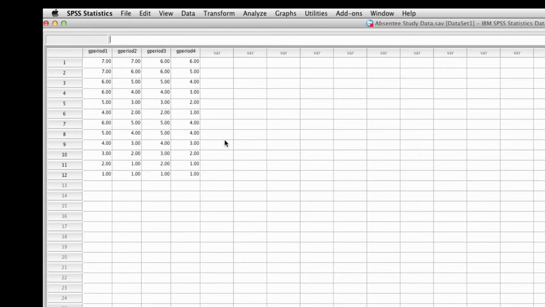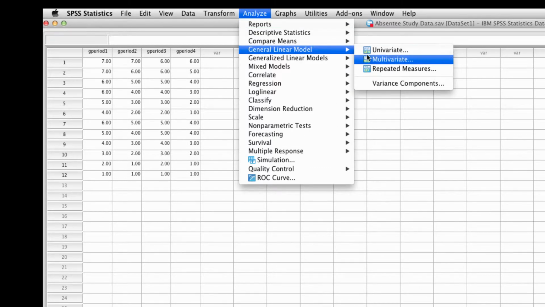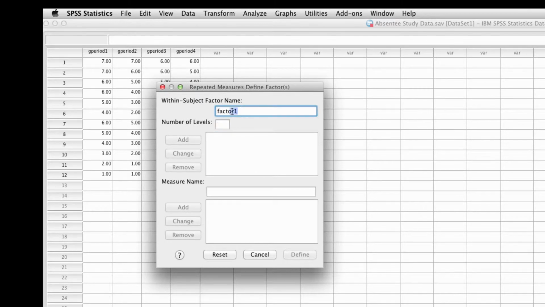So in order to do this analysis, we go up to Analyze, General Linear Model, and then we go to Repeated Measures. In this case, our within subject factor is grading period, or G period, and we have 4 levels.